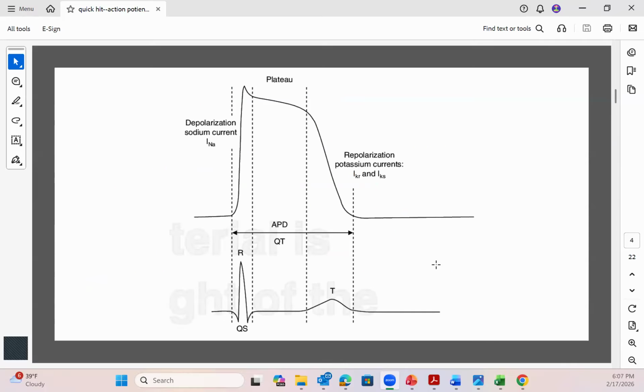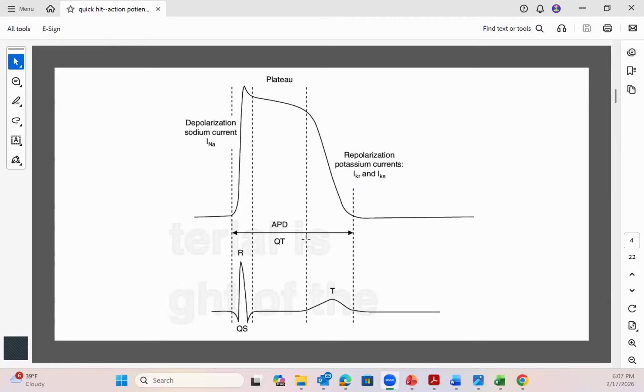Okay, so just a quick review, right? And the important thing to remember here is how the QRS lines up and how the T wave lines up to that, right? So in the first phase, we have that depolarization of the sodium current, right? Then we're getting to that plateau phase, right?